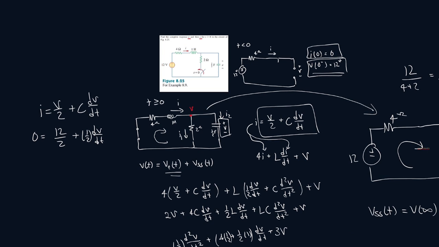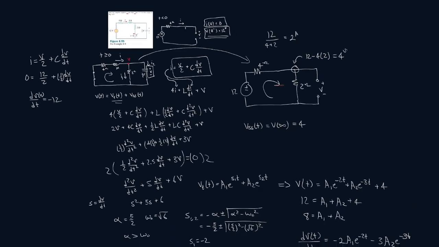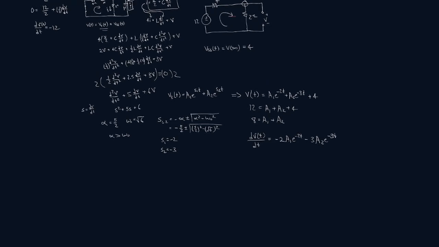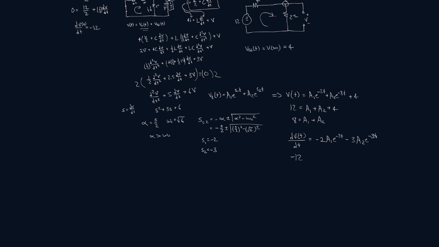And obviously the capacitance is just 1 over 2. So now dv over dt should be equal to minus 12 when obviously t is equal to 0. So we're going to plug that into here. So minus 12 equals minus 2a1. Obviously when t is 0, this is gone and this is gone. And there we go. Now we have two equations and two unknowns.